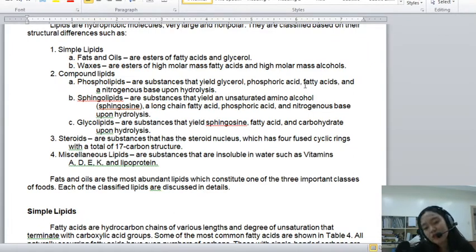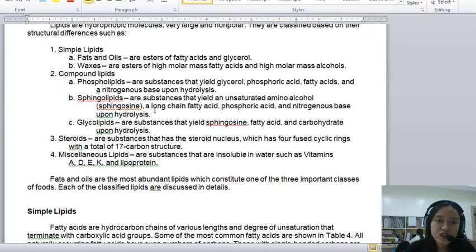Nabanggit ko na yan sa last lesson natin. When you say amine group, these are groups containing basic nitrogen. So meaning your unsaturated amino alcohol is an alcohol with a nitrogen atom bonded to it, and it contains double bond in the structure.